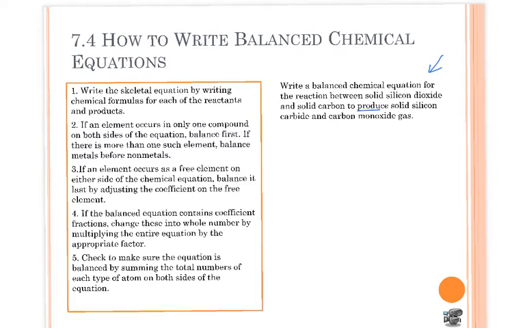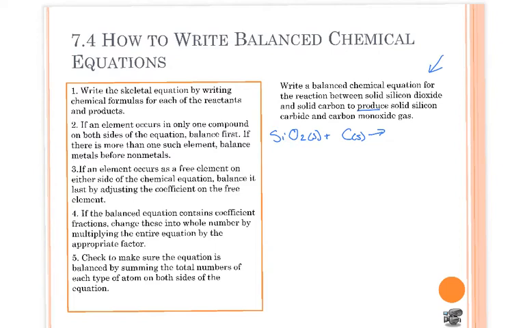and carbon monoxide. So silicon dioxide, and this is solid, plus solid carbon. Notice I'm writing the name and I'm writing the state in the parentheses afterwards. And to produce, when it says to produce, that's when I put my arrow, because then my product will be on the other side.